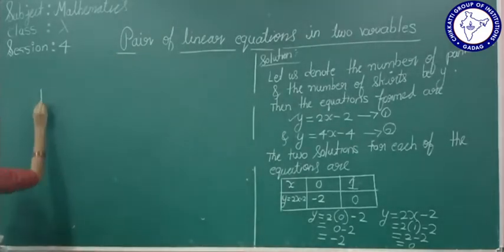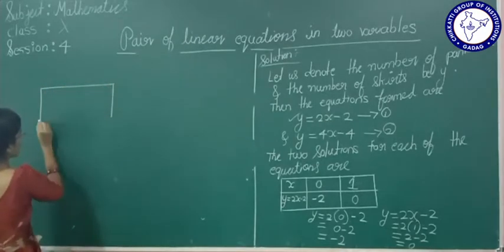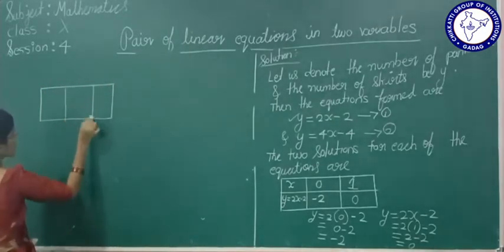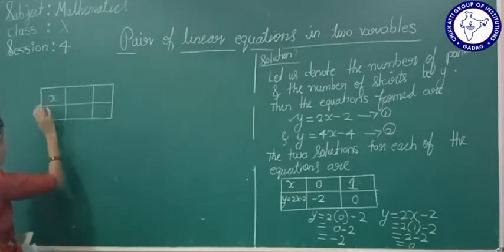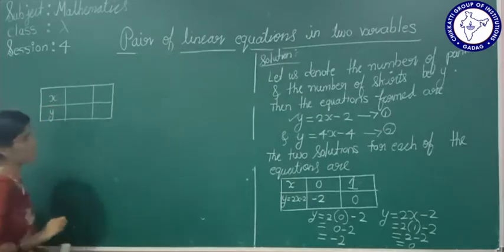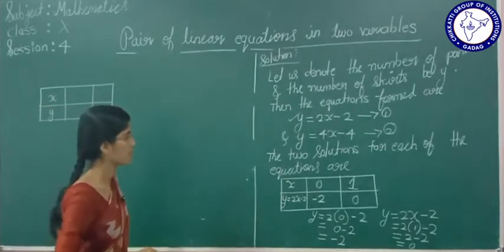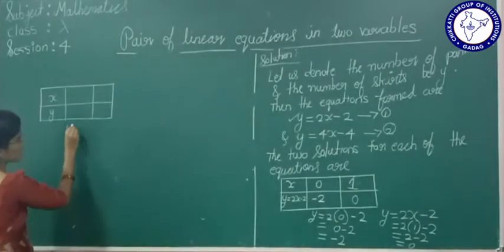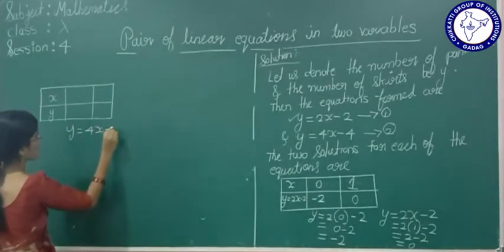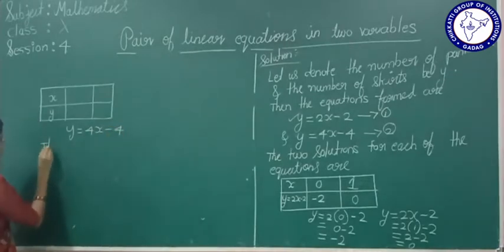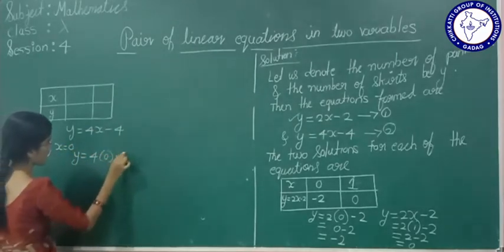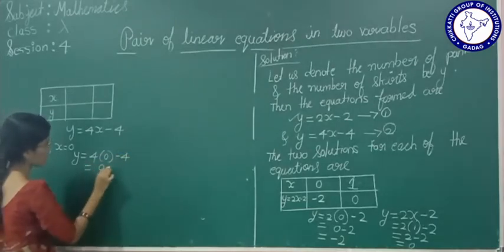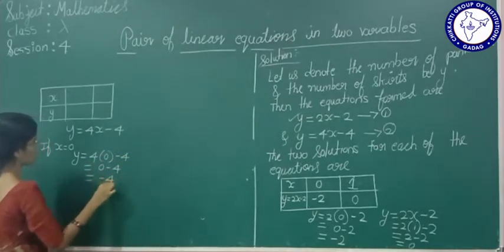Now we will find the solution for equation number 2. Here we put the value of x, and from that we get the corresponding values of y. In equation 2, y is equal to 4x minus 4. If I put x is equal to 0, y is equal to 4 of 0 minus 4. 4 zeros are 0, 0 minus 4 is minus 4.